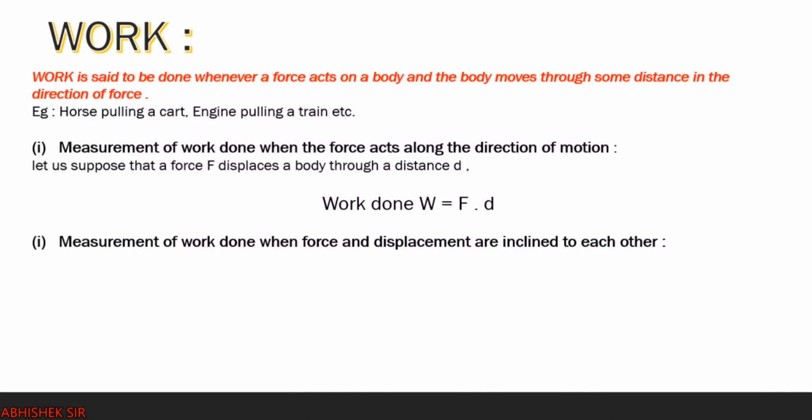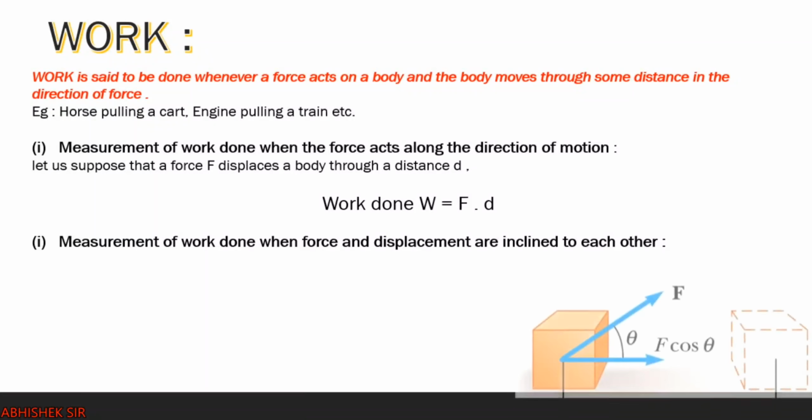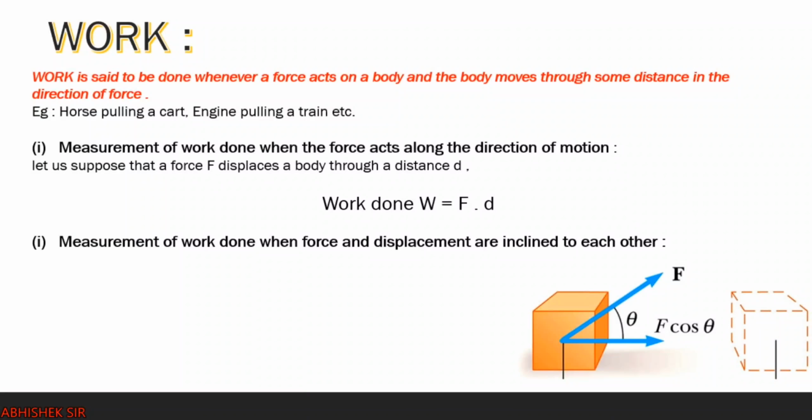Now, in the second case, measurement of work done when force and displacement are inclined to each other. What do you mean by the word inclined? Inclined means at an angle. In that case we have to see the figure very carefully. Force is acting at an angle, but if the displacement is towards the right side, we will take only the component of force towards the right side.